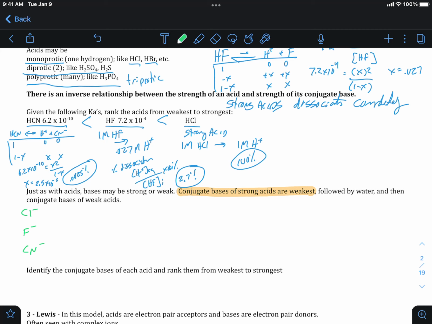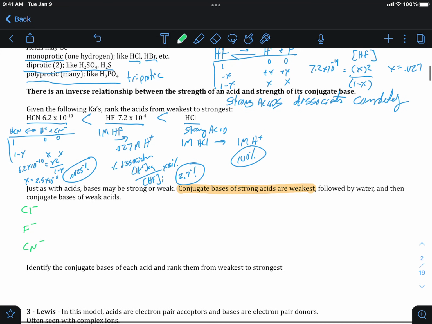So here's the thing, all right? Chloride is the weakest base in this set. You see, the stronger something is as an acid, the more ineffective its conjugate is as a base.